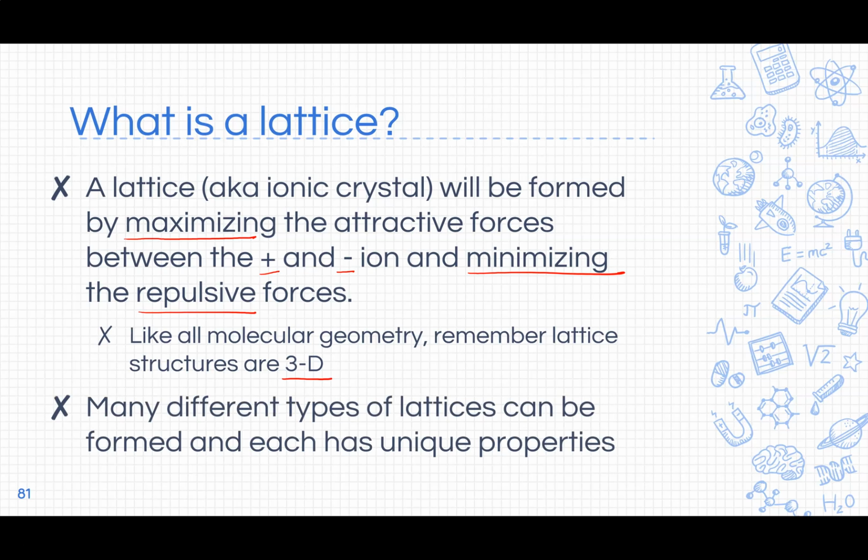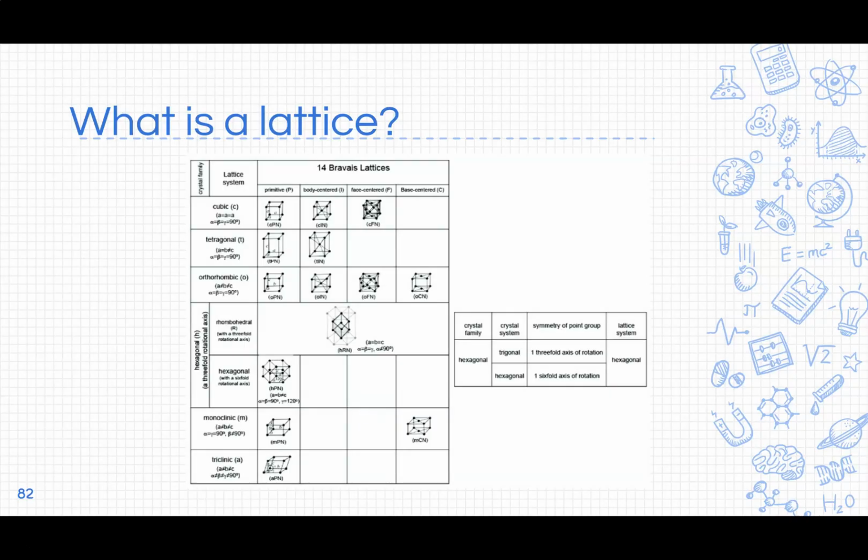But in terms of what the lattice will actually look like, there are tons of different types of lattices that can be formed for an ionic solid, and each has super unique properties. And like I mentioned earlier, if you were to go on to study chemistry in college, you'll take a whole class that talks about all these different types of lattices. I think lattices is a word. So here's a quick chart of them. We've got cubic, face-centered cubic, body-centered.